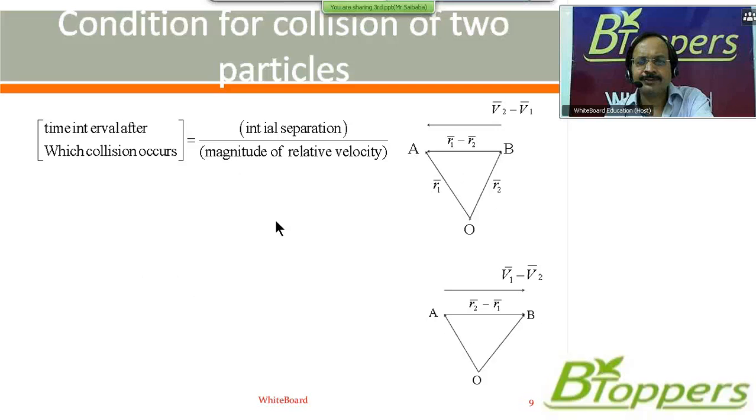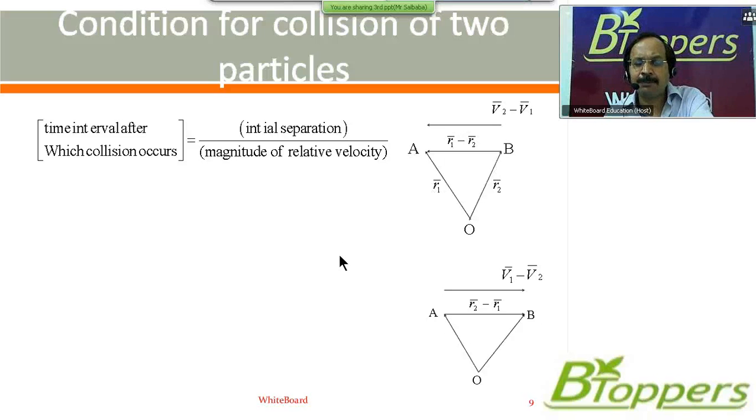In the diagram we can observe that R1 bar minus R2 bar will be from B to A. V2 bar minus V1 bar will have the same direction as R1 bar minus R2 bar. That is, R1 bar minus R2 bar is equal to the directed line segment BA bar in the figure.